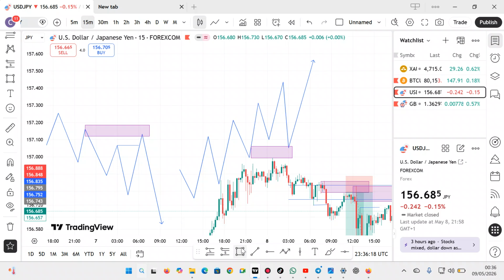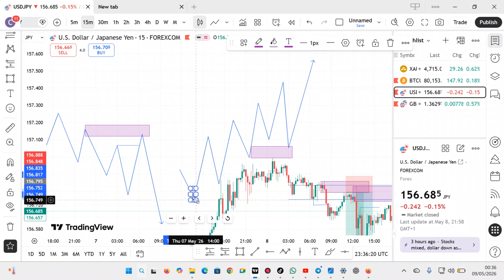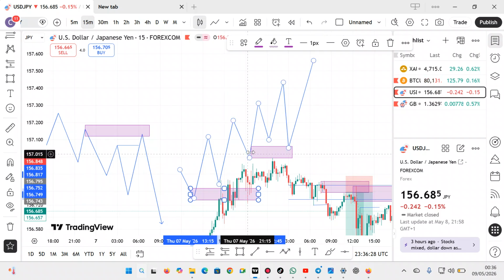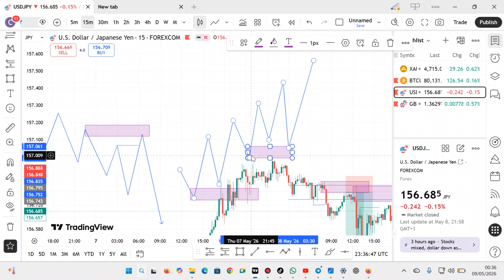So you are allowed to always be prepared in every edge, setting your triangle in every edge to watch if the market will come back to that particular edge by taking out the previous low and tapping you and activating you and continue moving to the upside. So you are allowed to always do this kind of thing, okay?